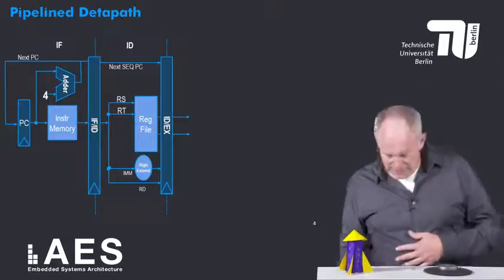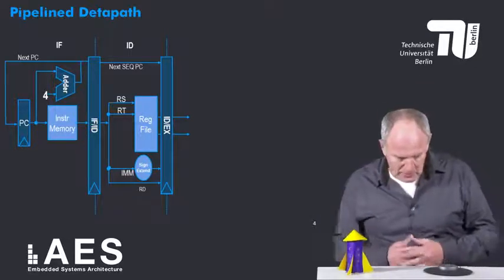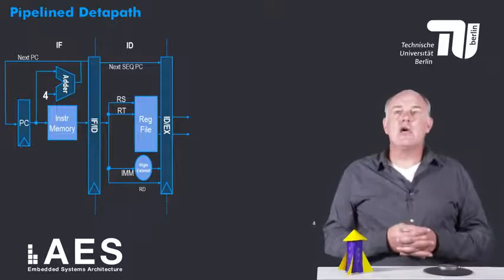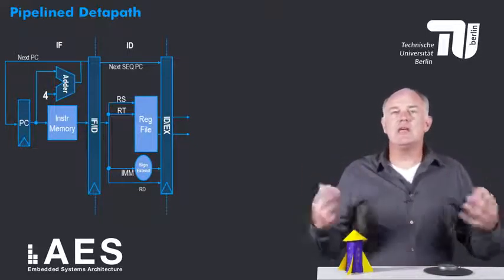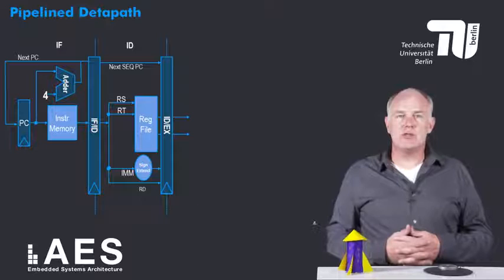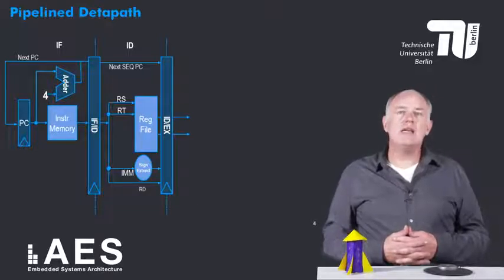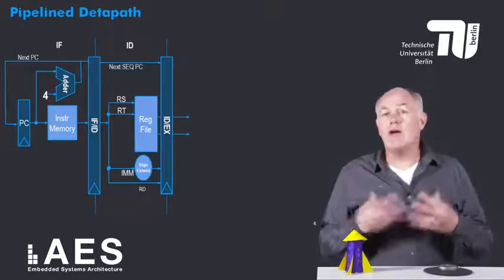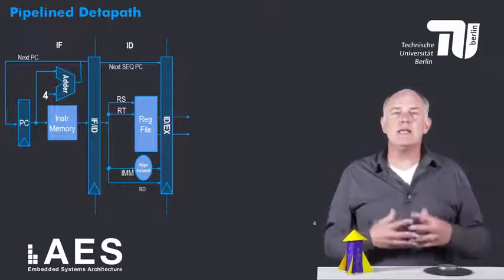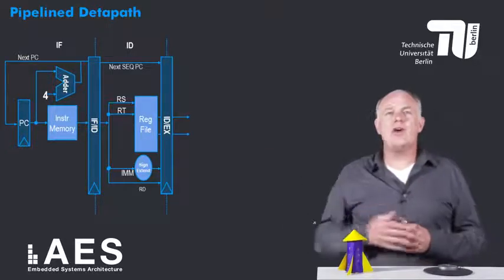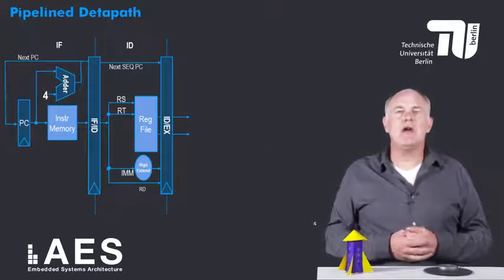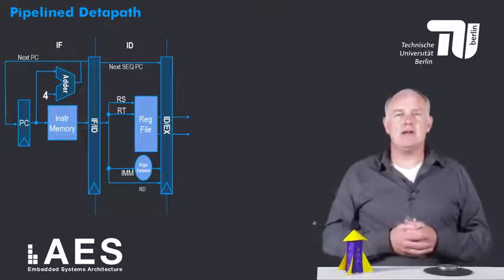At the same time, the 16-bit immediate, shown here, encoded in the instruction is speculatively sign extended to 64 bits. Finally, the destination register RD and the next sequential PC are passed on to the IDX pipeline register because they are needed in later stages.